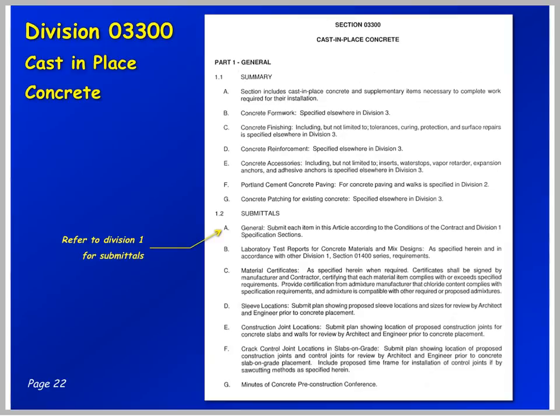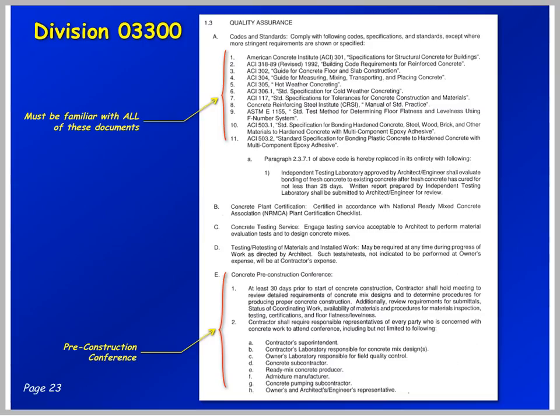Note here under Submittals, General, submit each item of this article according to the conditions of the contract and Division 1 specification sections. So right off the bat here in the concrete section, we've got to go back and look at Division 1 and see what we're supposed to do. And here's one of my favorites. What do you see listed down through here?